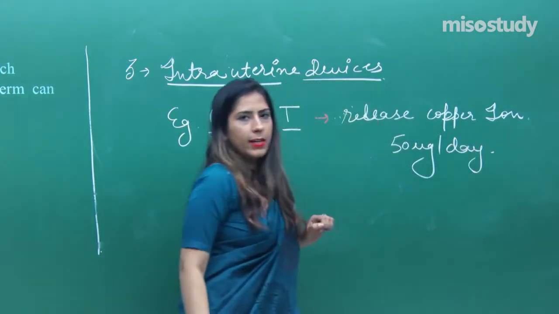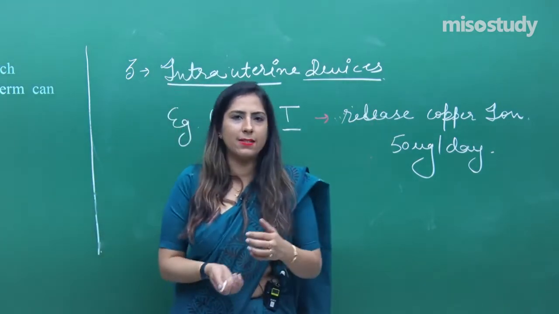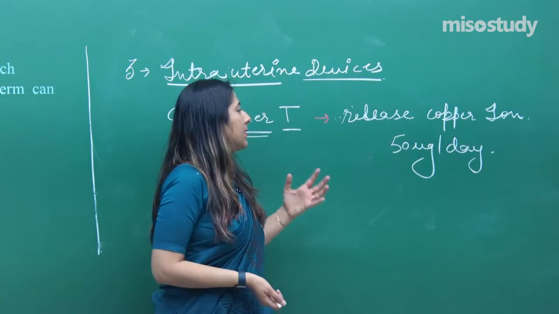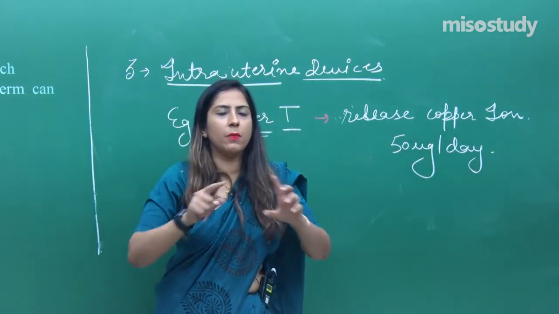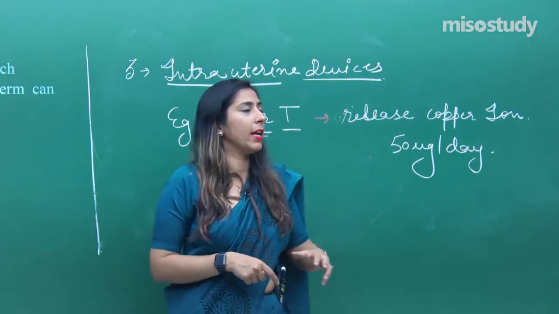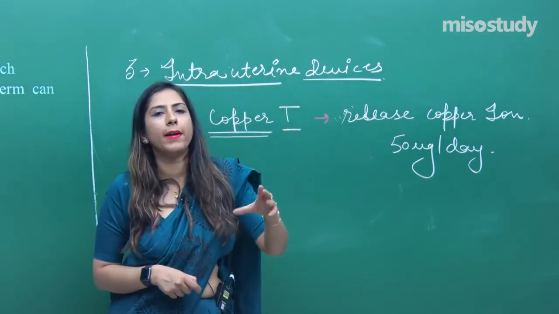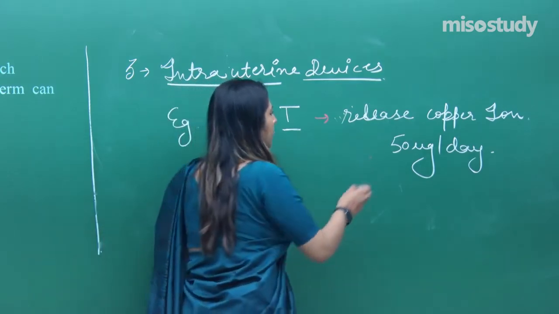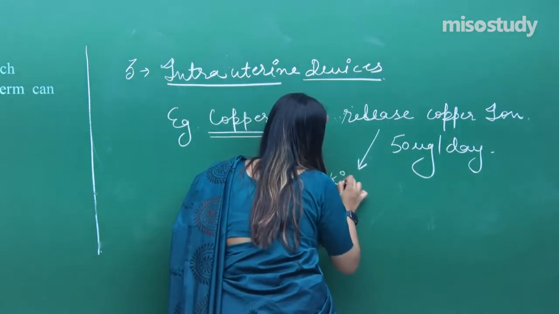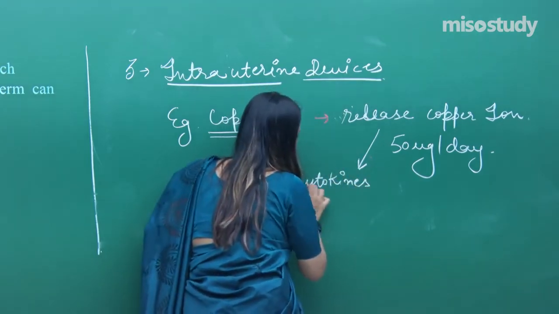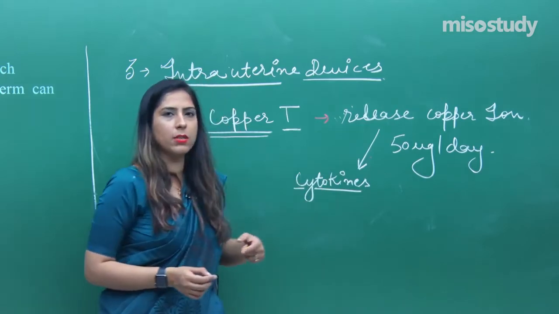Right? When these copper ions are released into the vagina, now what will happen? The cytokines, our immune system will evoke, and the cytokines will come over there and block that particular area. So whenever the sperm enter into the vagina, they will be killed or blocked by those cytokines. Because of the presence of copper ion, cytokines will be released, and these are the immune system cells we have already discussed in human health and disease.